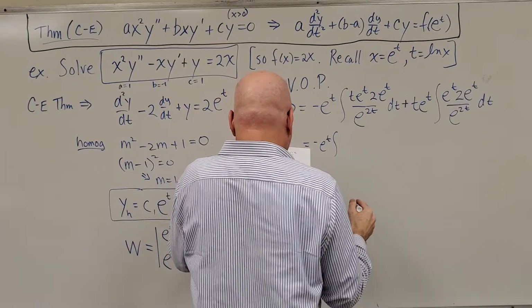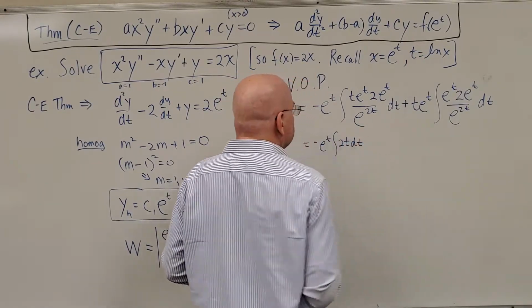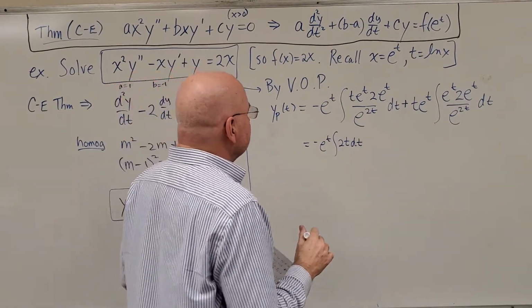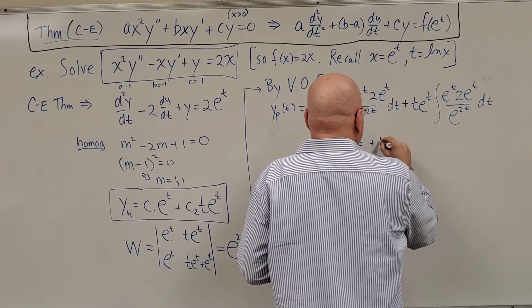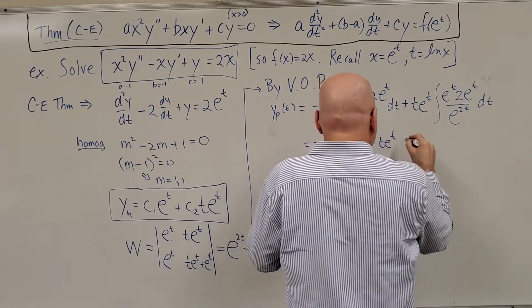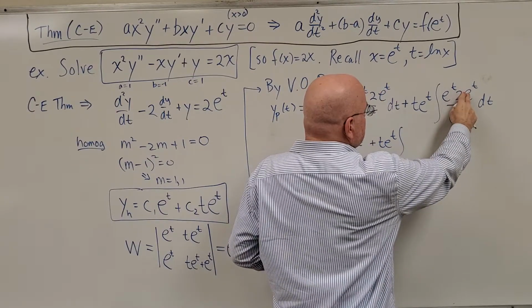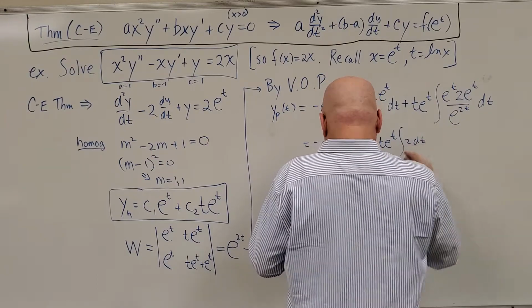That's gone. That's the integral of 2t dt. That's simplified greatly. We're not done with the integral yet, but it looks a lot nicer now. Plus the t e to the t times this integral, which, e to the t times e to the t is e to the 2t, which cancels with this, just the integral of 2 dt.